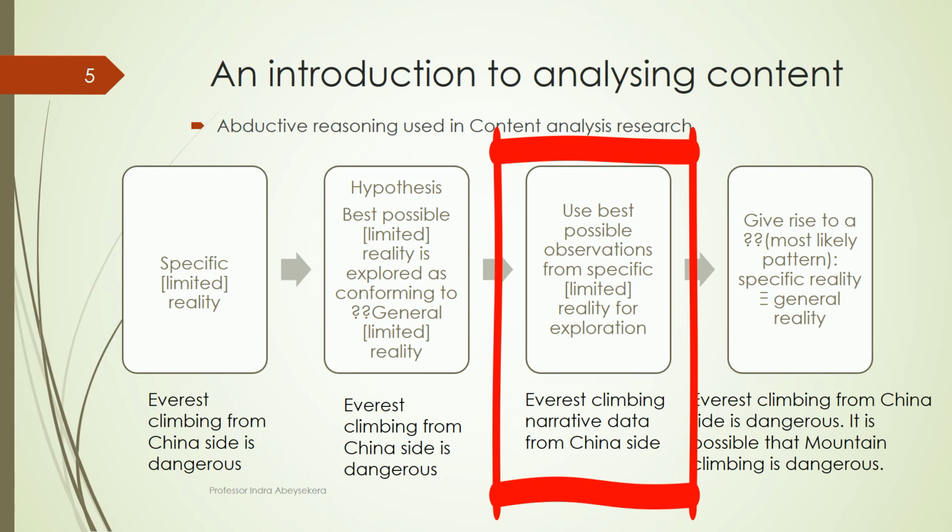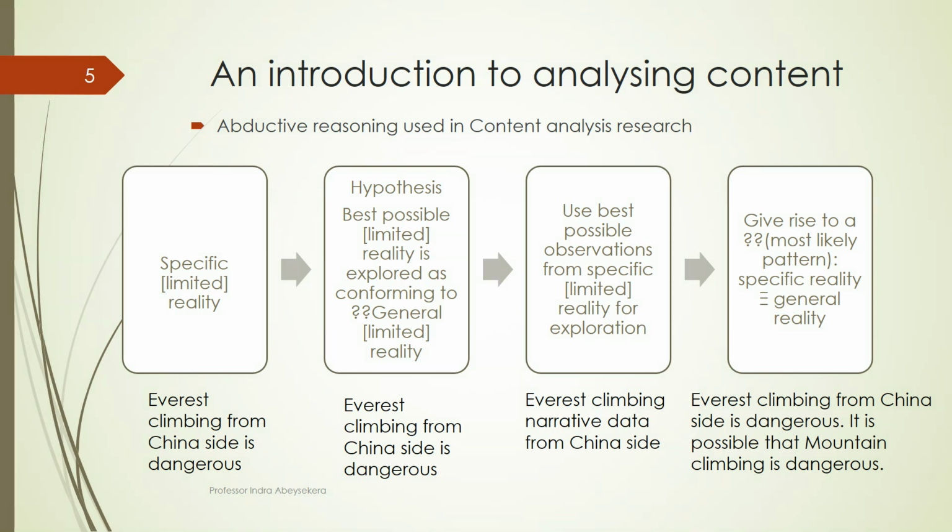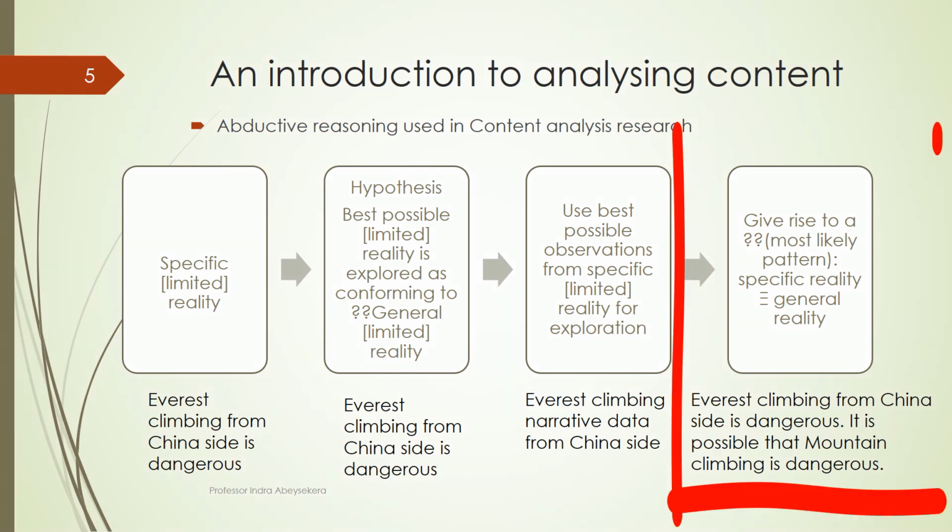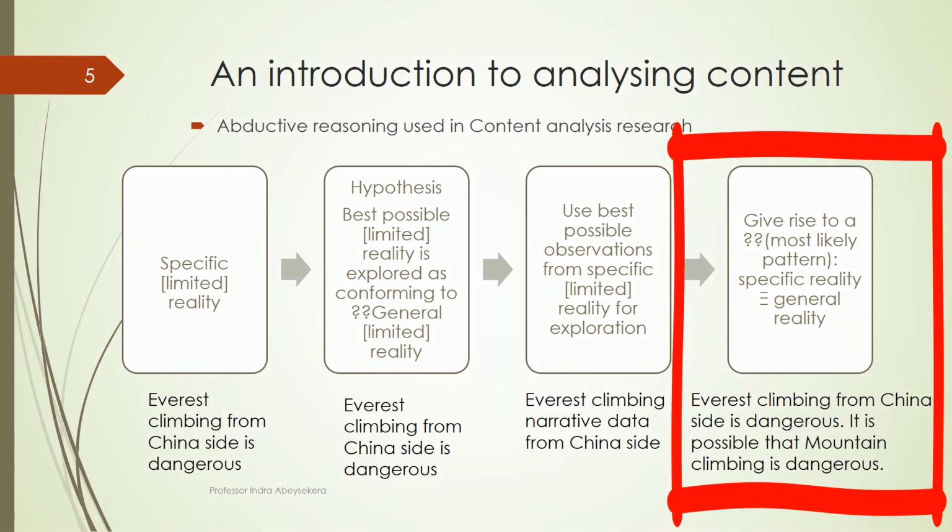And the next stage is whether those data give rise to a pattern about whether climbing from China side is dangerous. And we find, for example, Everest climbing from China side is dangerous. Then we can conclude with a possible conclusion that it is possible that mountain climbing is dangerous.